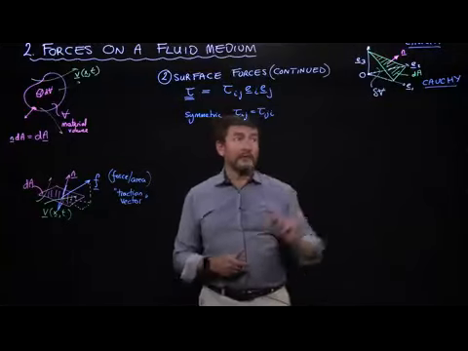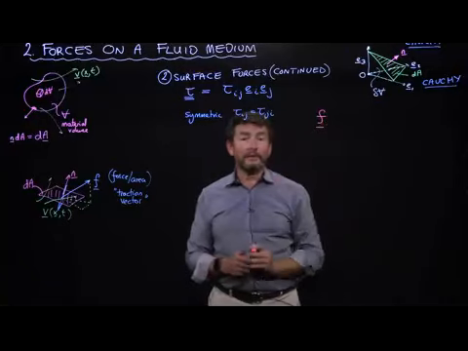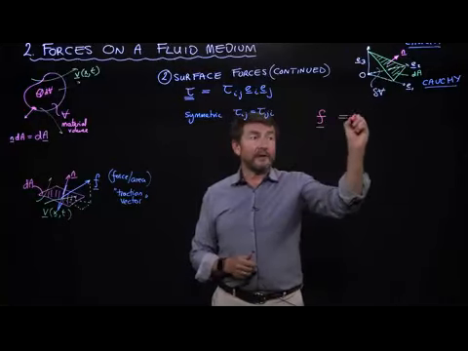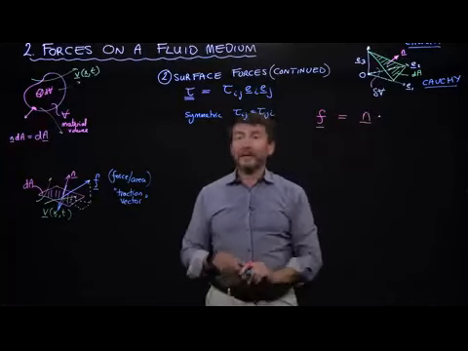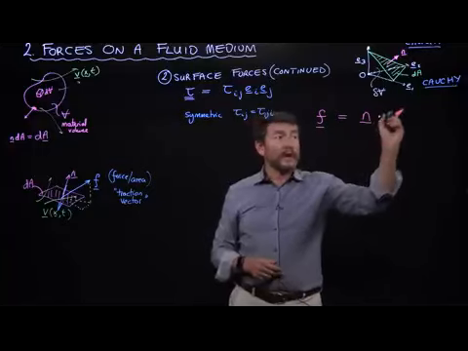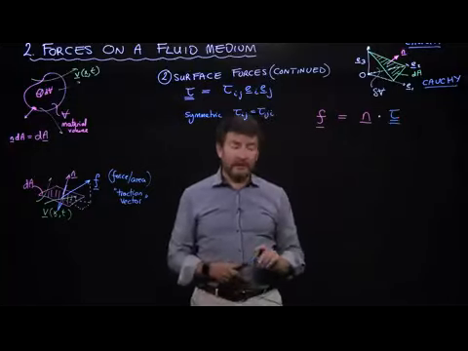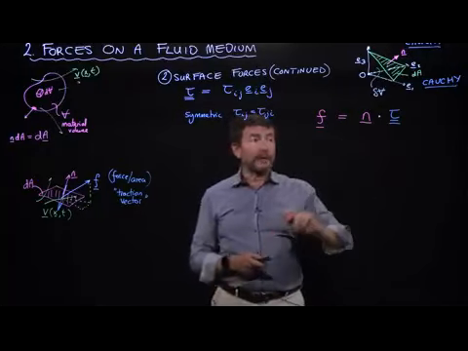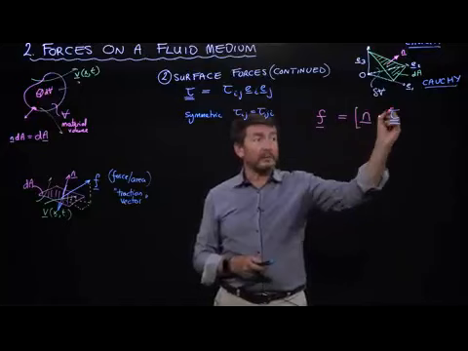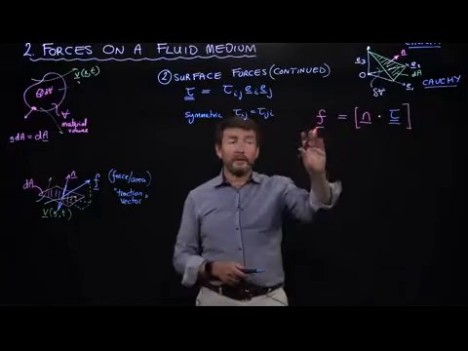But at the end of the day, the expression that we want is an expression for the force, F, and it's given in terms of the outward-facing normal n and our tensor tau as a dot product between the normal and the tensor. That means that when we think about the number of free indices, the dot product removes two of them, and we end up with just one.